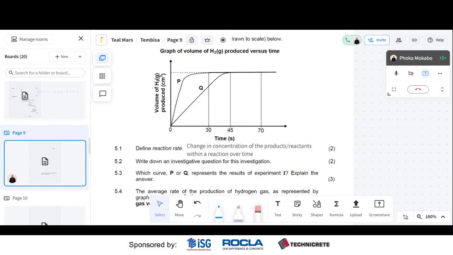Then write down an investigative question for this investigation. Very important when dealing with physics experiments that you develop a hypothesis or an investigative question for this investigation. Now let's go read there at the top to see what we could possibly choose.